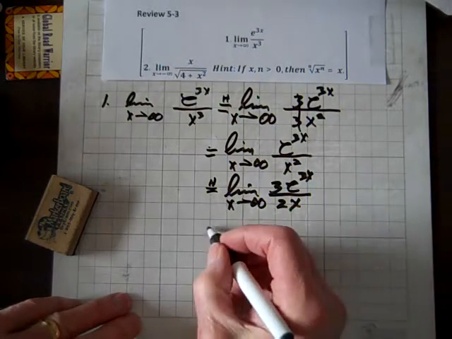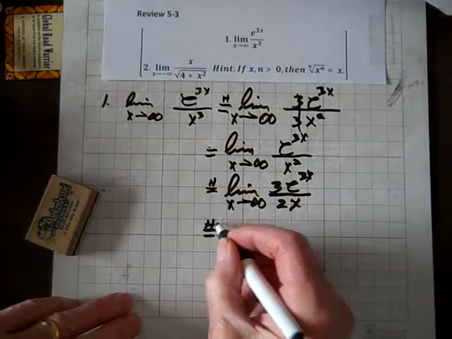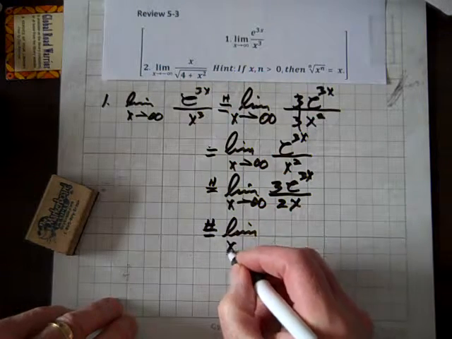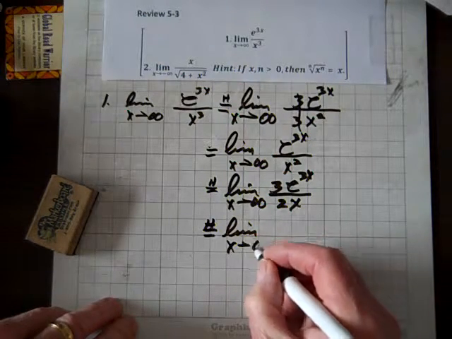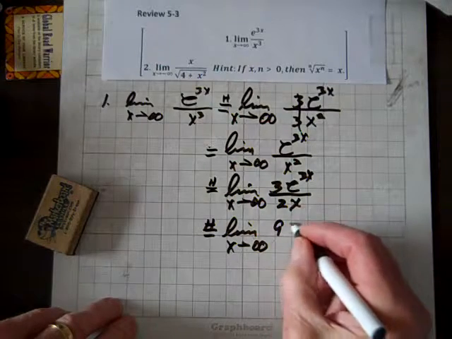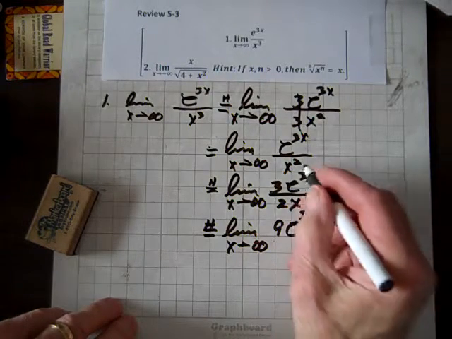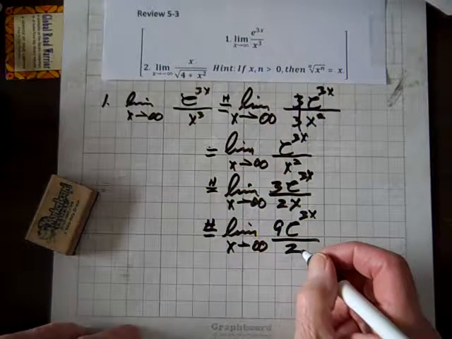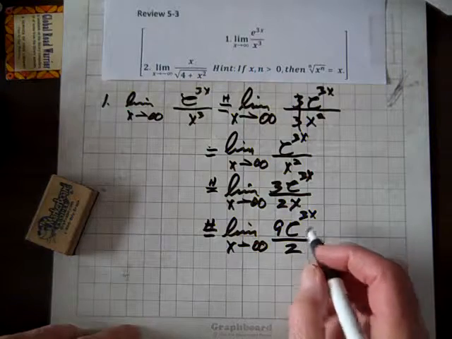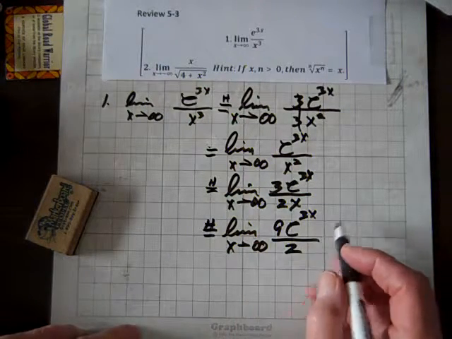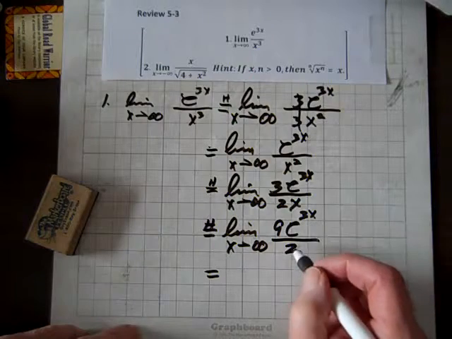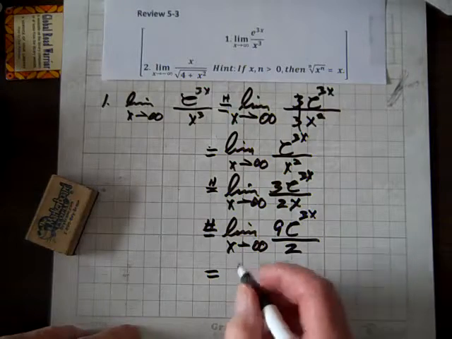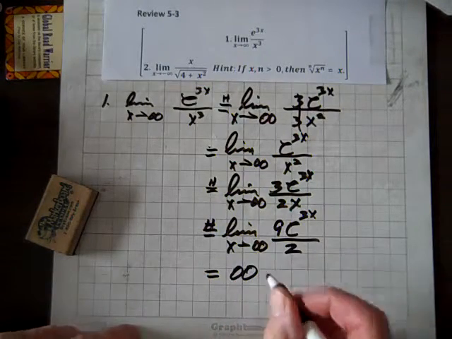And we've got indeterminate form again, so we'll use L'Hopital's rule and we get the limit as x goes to infinity of 9e to the 3x, we bring that 3 down, over 2. And now we can no longer use L'Hopital's rule. Clearly this numerator is blowing up and the denominator is held at 2, so that equals infinity.